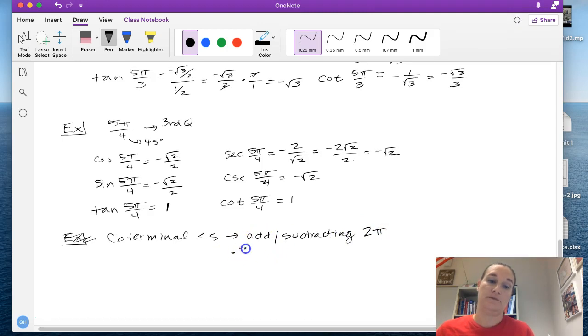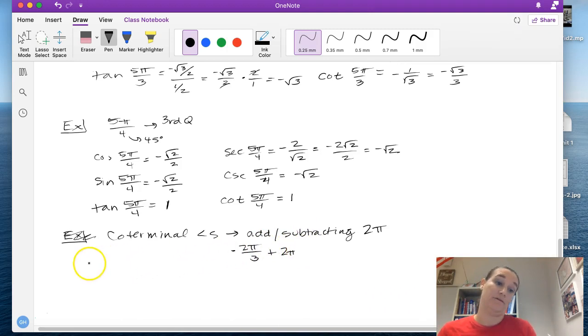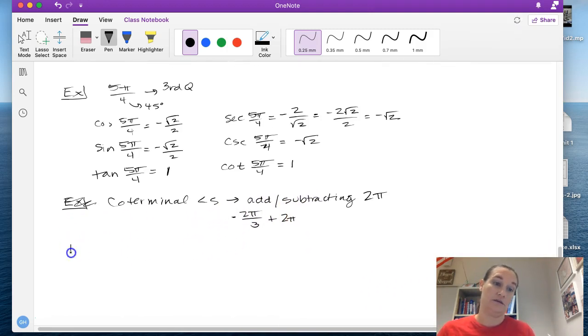For example, if you were trying to find the cosine of negative 2 pi over 3, you'd want to add 2 pi because you want to make that something between 0 and 2 pi. I guess you don't have to if you can figure out what angle that is, but I would probably find the coterminal angle by adding 2 pi first before I found the sine or cosine. That would be my personal preference.